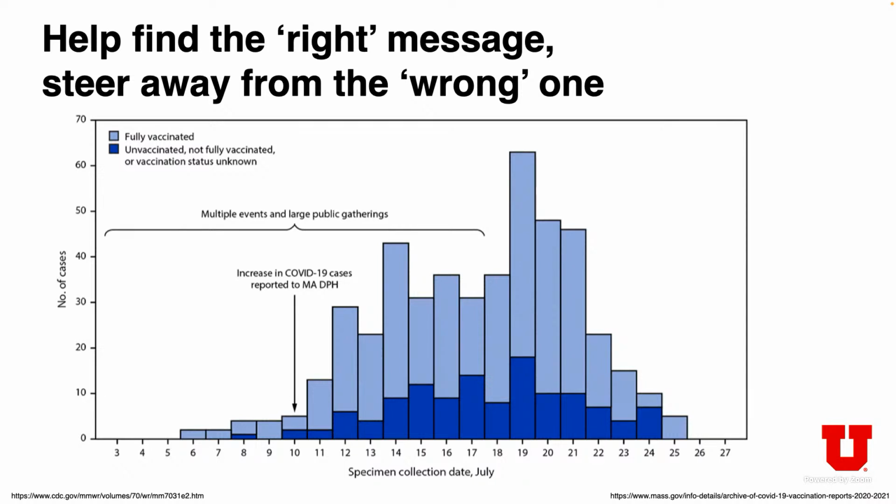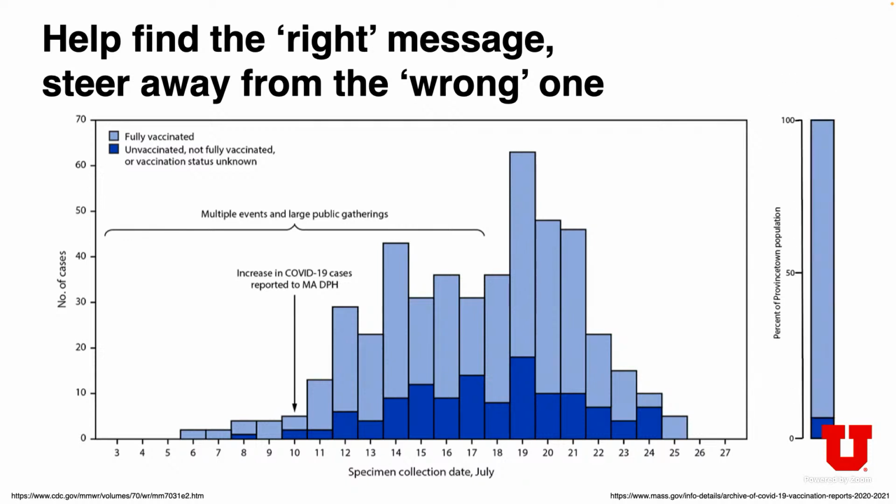There is no data on the vaccination coverage of everyone who attended the gatherings, but the main gatherings were in Provincetown, Massachusetts, and their vaccination rate at the time was over 95% in most age groups. So what if we just showed that? I'd argue this information in the chart would hint at this idea and maybe steer some people away from the conclusion that vaccinated people are disproportionately getting COVID.